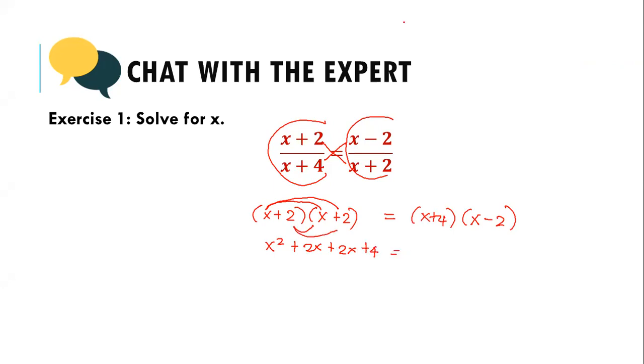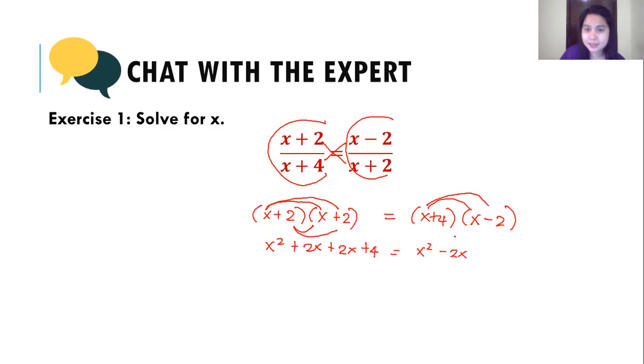On the right-hand side, we have x squared minus 2x plus 4x minus 8. Let's simplify it. We have x squared plus 4x plus 4 equals x squared plus 2x minus 8.